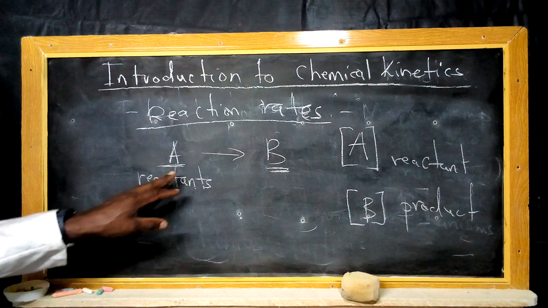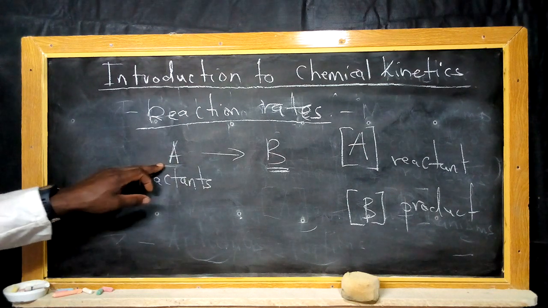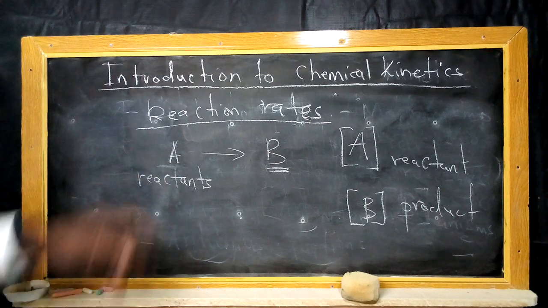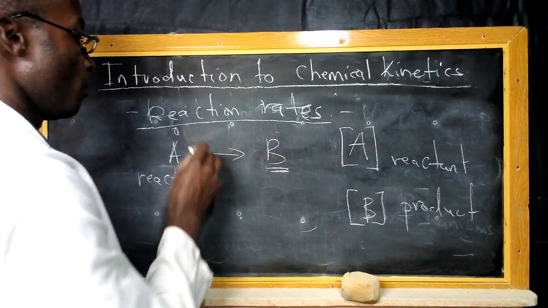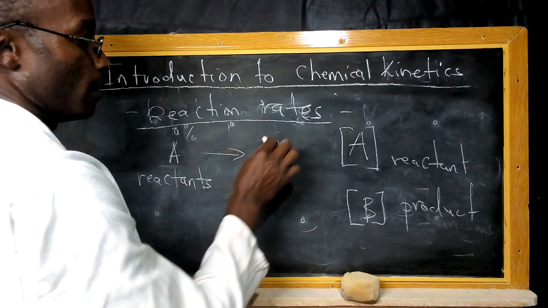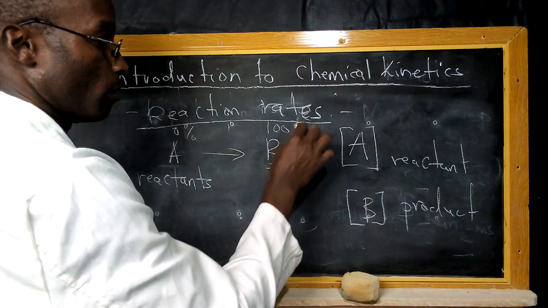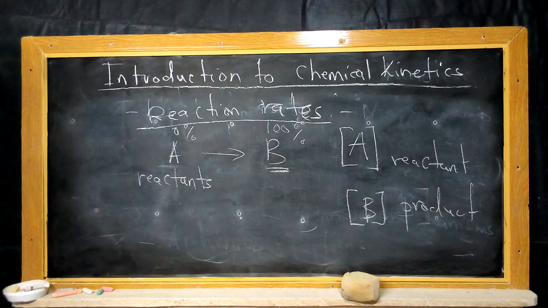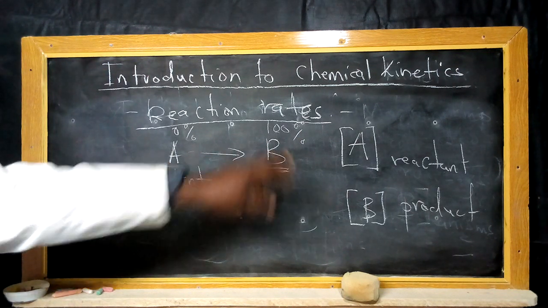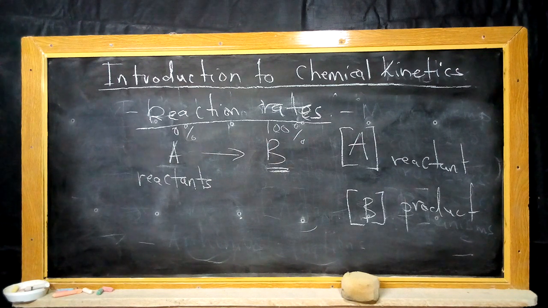Of course, we can just literally use that the percentage of A at the end of the reaction will be 0%, and then the percentage of B at the end of the reaction, which is a product, will be 100%.